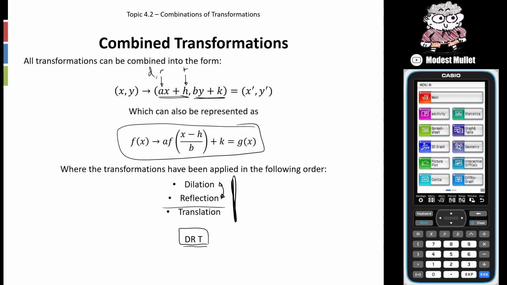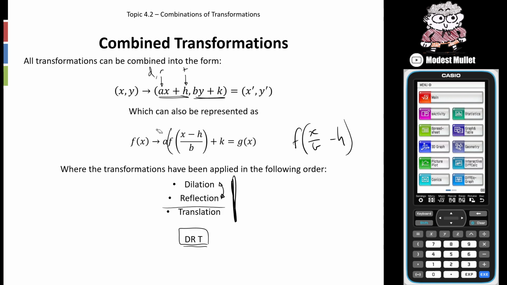If not, if it's being represented in a different form, we might have brackets around like this, or it might be f of x, then minus h, depending on the order that those have been applied in. But if it's dilation, reflection, then translation, it can be represented as it is written there.